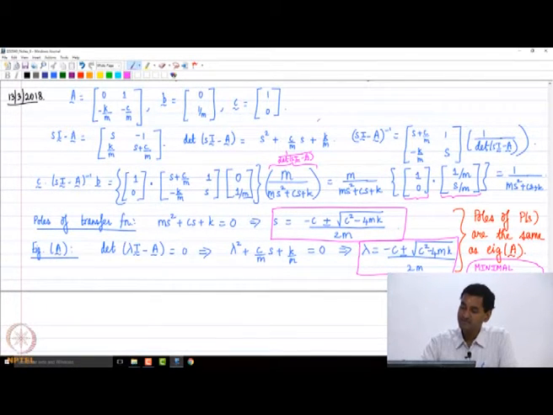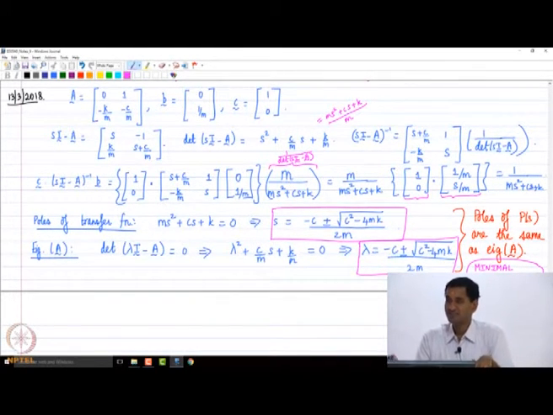This can be rewritten as just, sorry, m s squared plus c s plus k divided by m, right. So I am just taking m as LCM. So when you flip it, you will get m divided by m s squared plus c s plus k, and the m and 1 by m get cancelled, so that's why you get 1 by m s squared plus c s plus k. Okay, simple algebra. Okay.